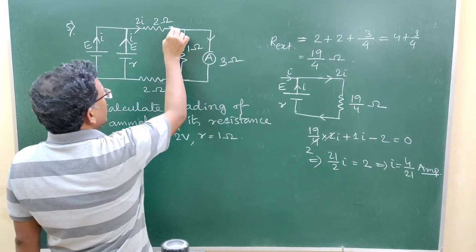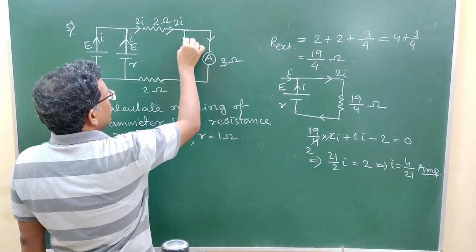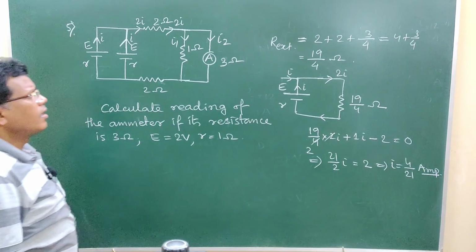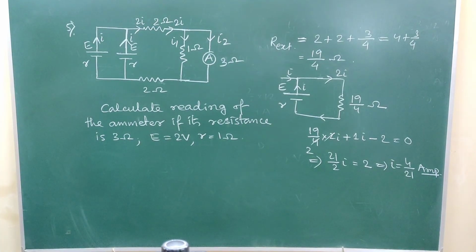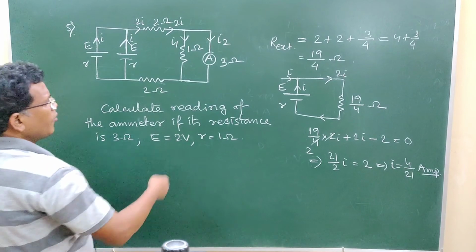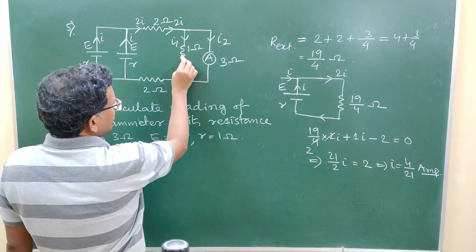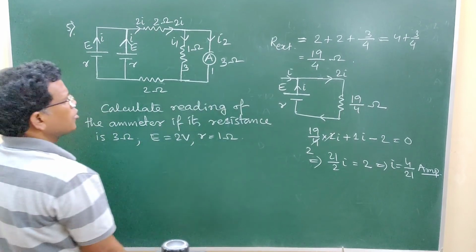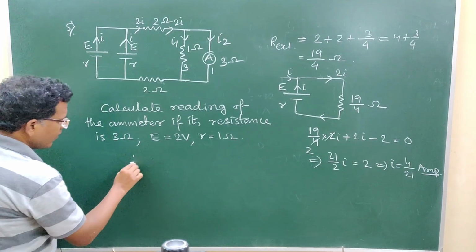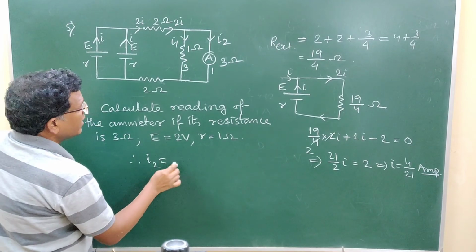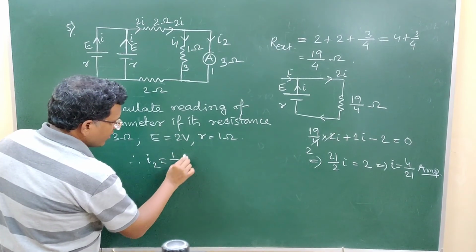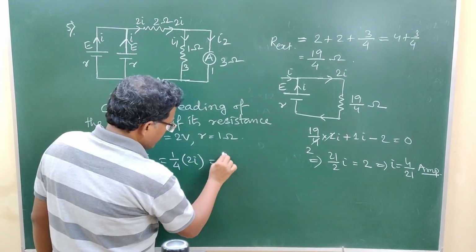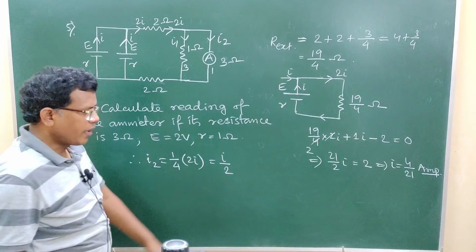We are supposed to find the current in this branch. Here the main current is 2I, which is assumed to split into the individual parallel branches as I1 and I2. We know the resistance ratio is 1:3, so the current ratio will be the reciprocal, 3:1. So the required I2 will be 1/4 of the total current 2I. That means 2I by 4, which is simply I by 2.